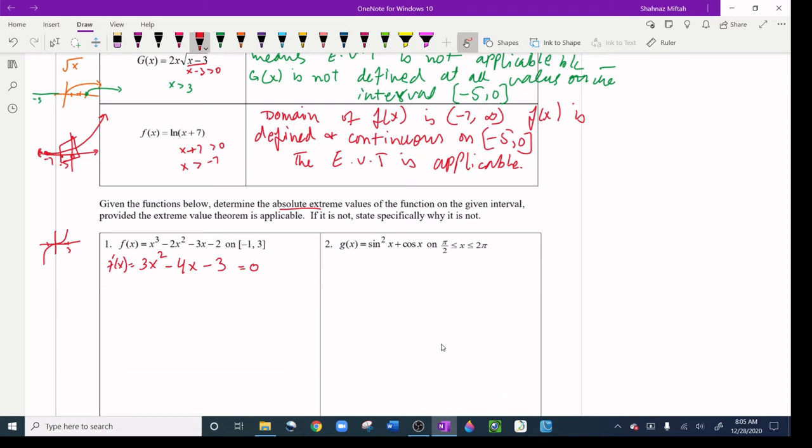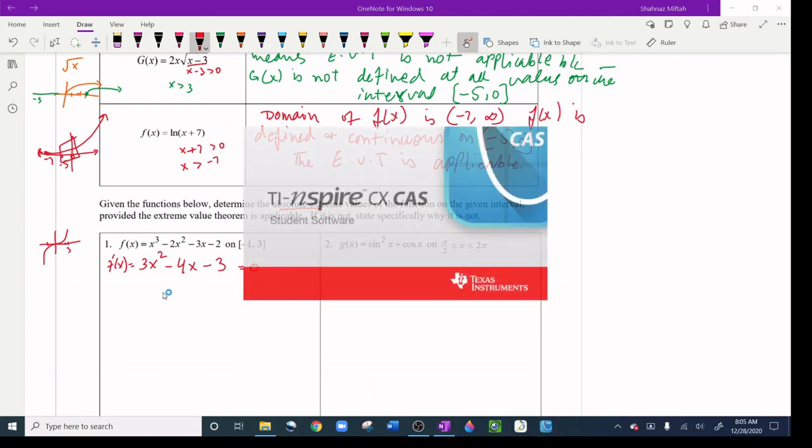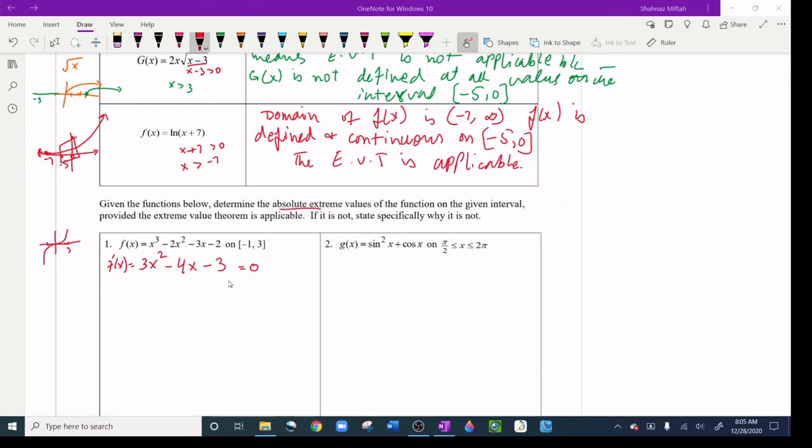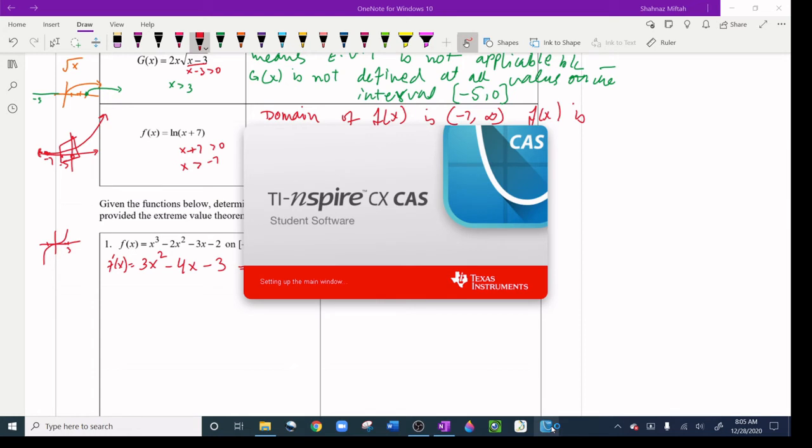You would be able to use a calculator. So I'm gonna use my calculator here and see how it goes. I'm gonna graph this, and I'm gonna graph 0, and I will find a point of intersection. That point of intersection is gonna give me my x values, so we would be able to know what are my critical points.